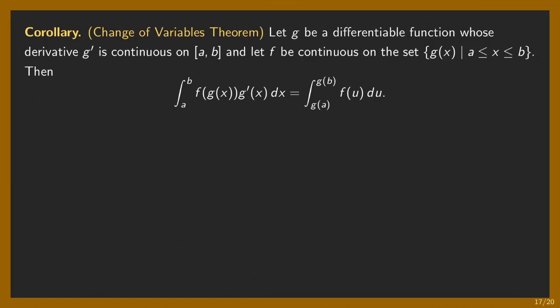Here, you're given a differentiable function g so that the derivative remains continuous on the interval [a, b]. It means g is continuously differentiable, which is the term we use in analysis. And let's say f is continuous on the range of g. I want that because I wanted to get the composition.